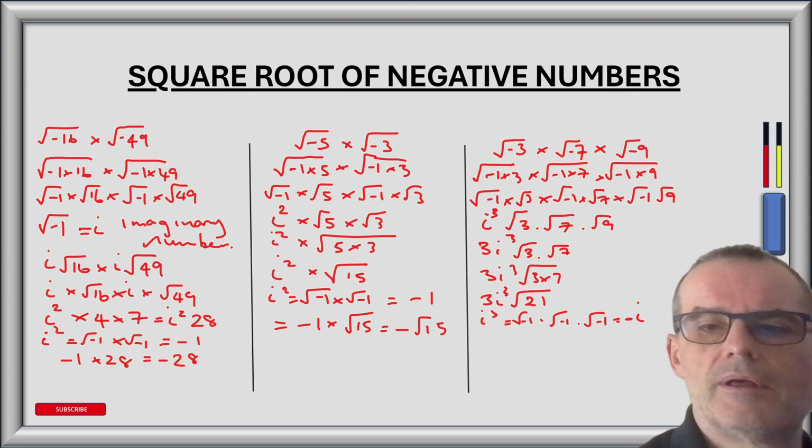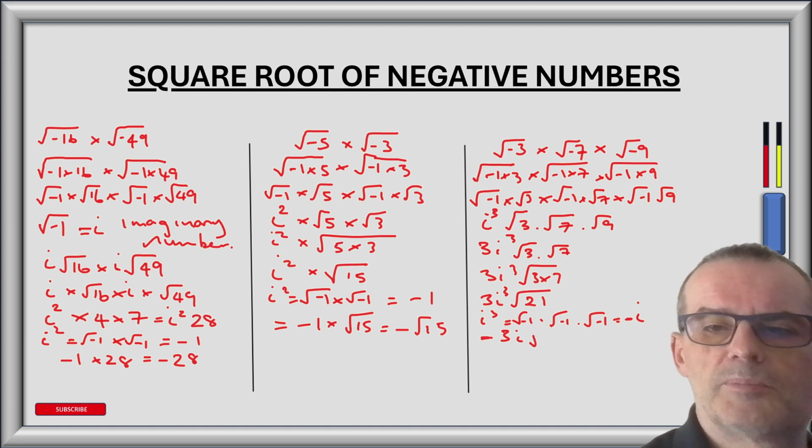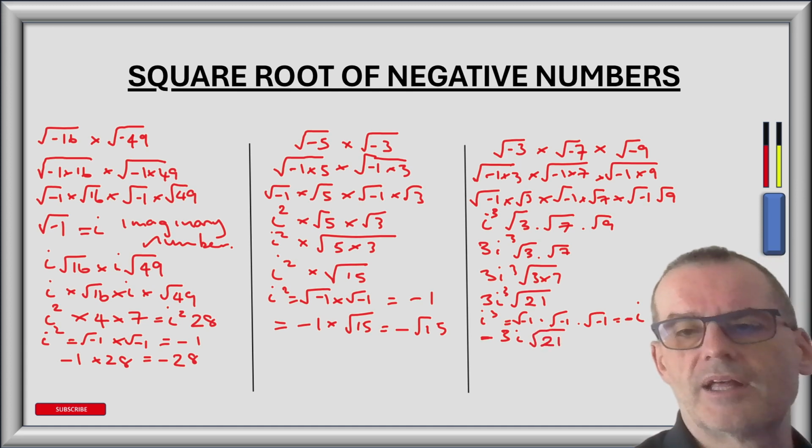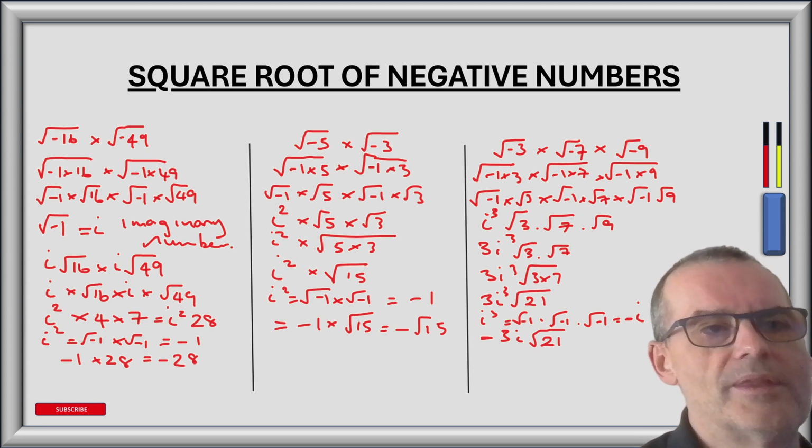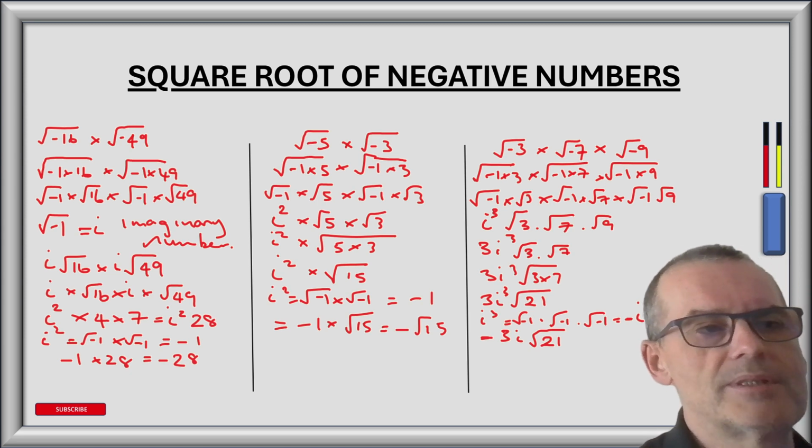So we have minus 3i multiplied by the root of 21. So that's our answer. That concludes this video on taking the square roots of negative numbers.